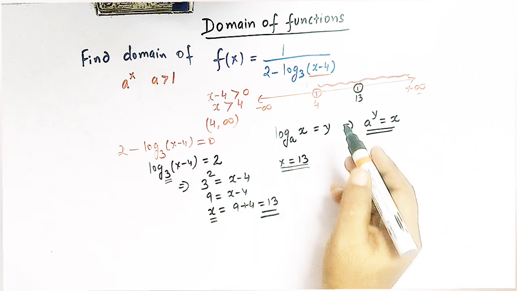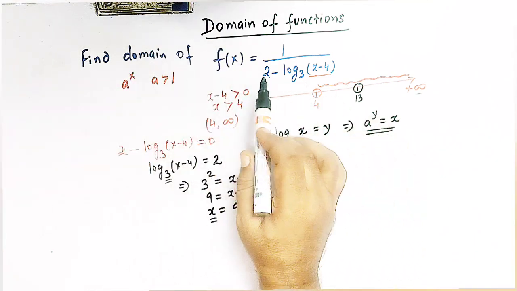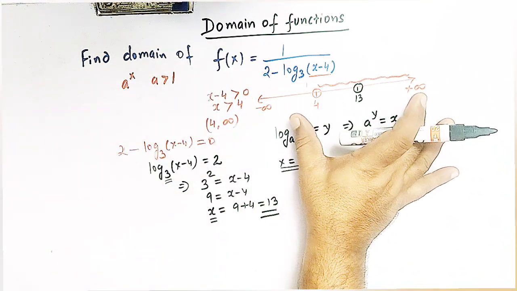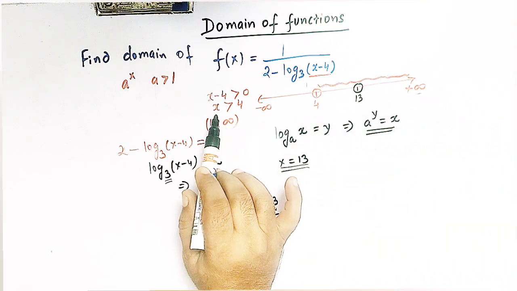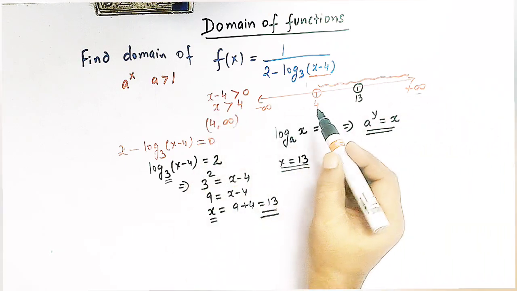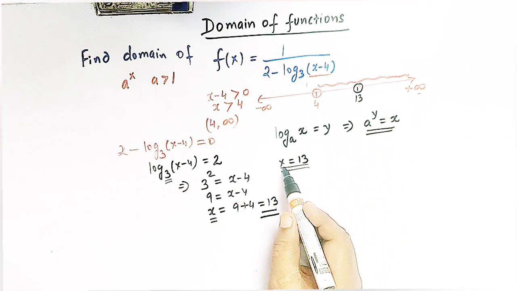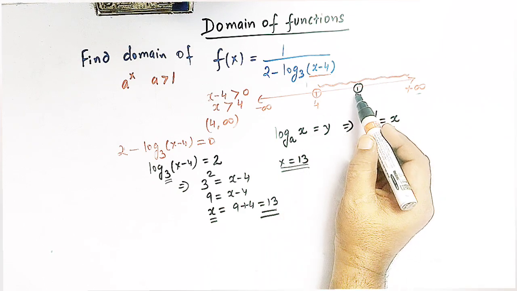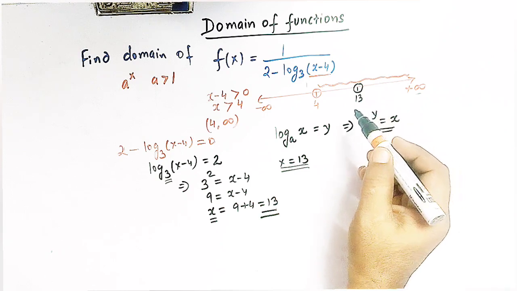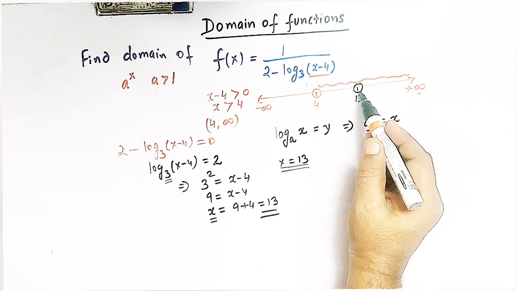Now we can easily write the domain of this function f of x from this representation. We have x greater than 4, with 4 not included, and x equal to 13 should also be discarded.